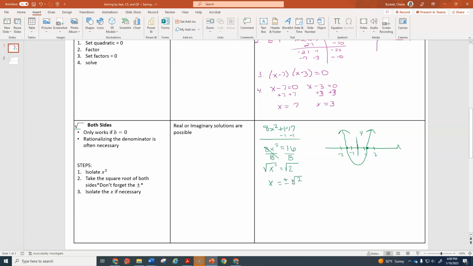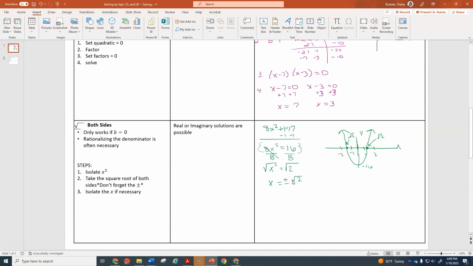If we set this part right here equal to 0, it'd be 8x squared minus 16 equals 0. So we would know that it would be crossing the y-axis down here at -16. So that kind of solidifies that it was opening up. And this dot right here is the positive square root of 2, and this dot right here is the negative square root of 2.